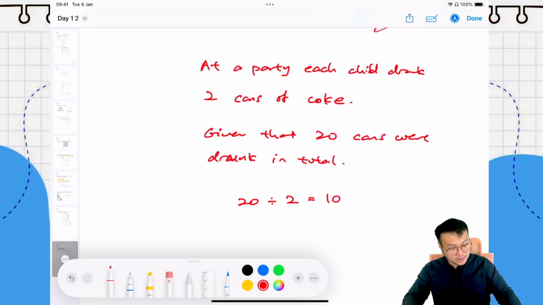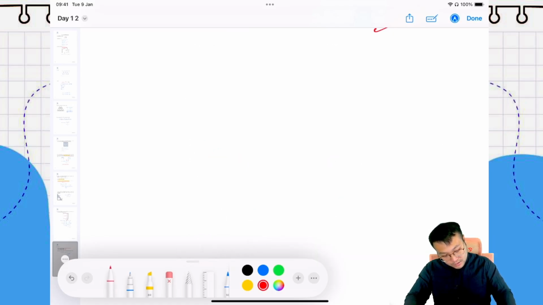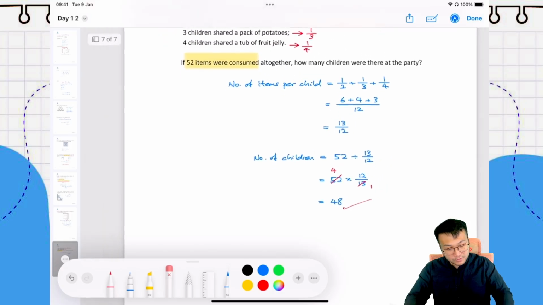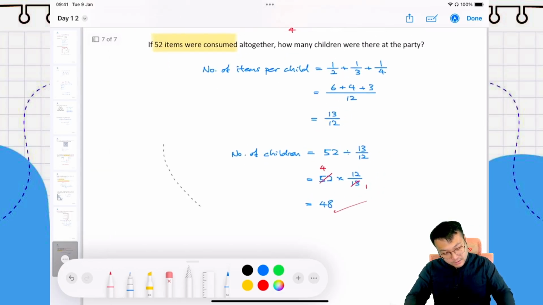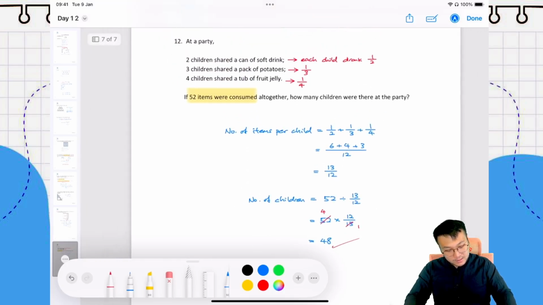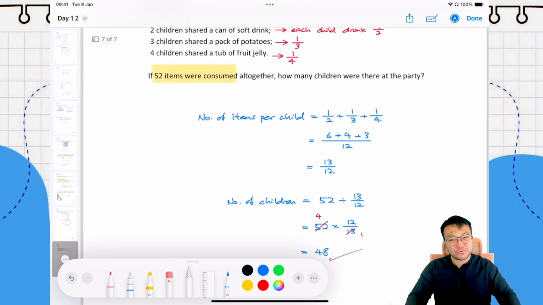There's 10 children there. It is the exact same concept here, right? The question told you that 52 items were consumed altogether. Correct or not? So each person consumed 13 over 12. So you just take 52 divided by 13 over 12, and that will give you the correct answer. Okay, it's the same concept. Just that this one makes use of fractions. That's why maybe you found it more difficult.